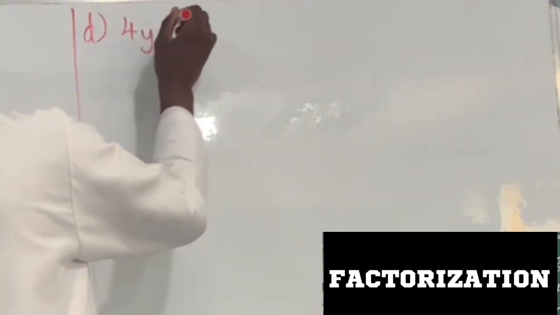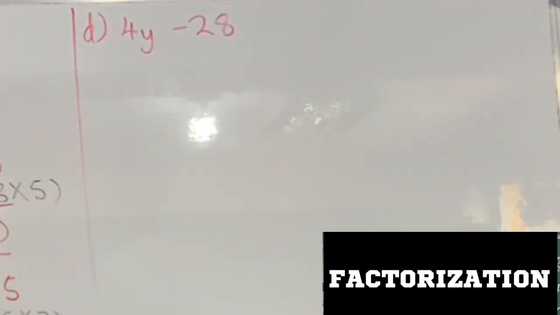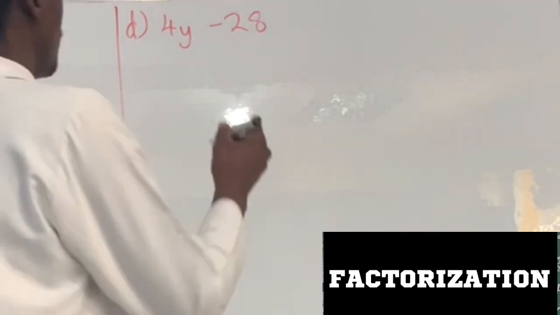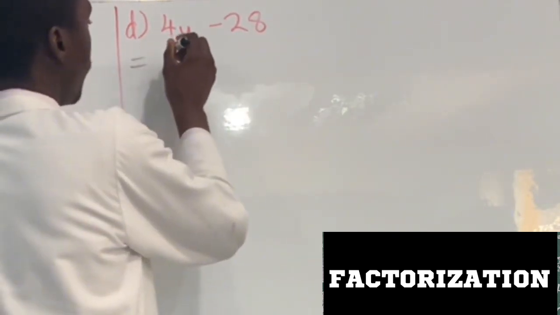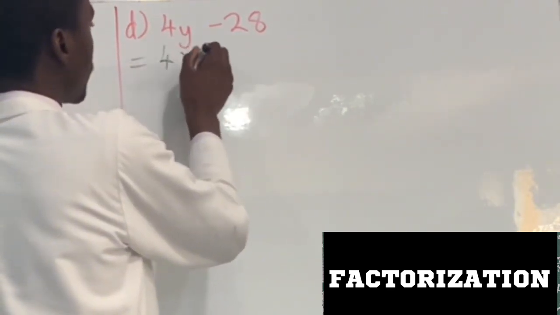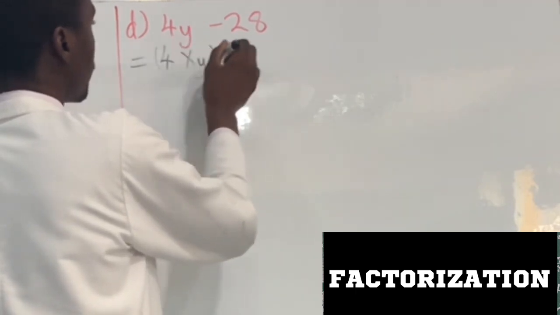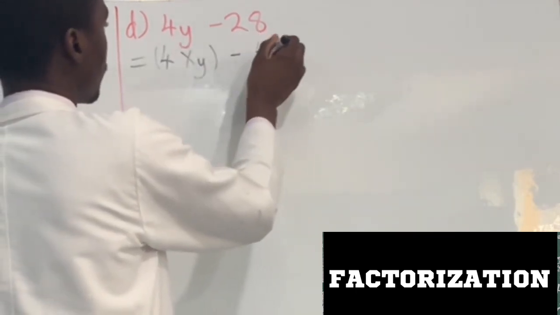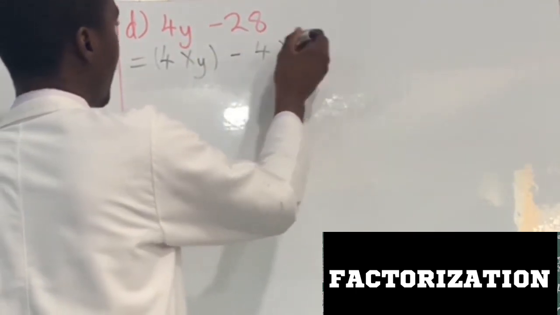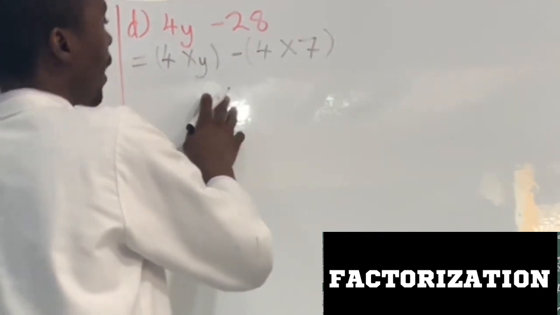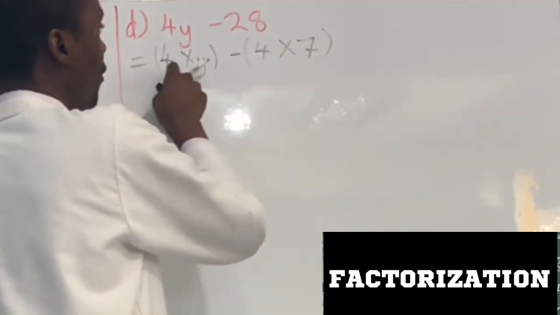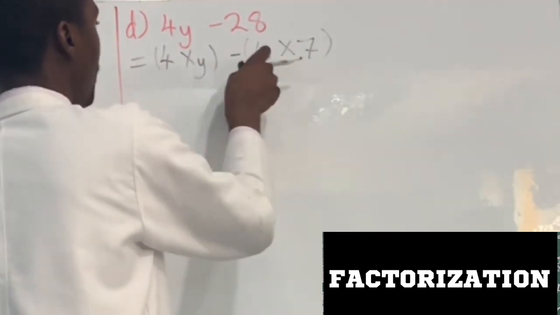Let's look at the next example, 4y minus 28. So in this example now, we are going to factor out 4, so it's going to be 4 multiplied by y minus 4 multiplied by 7. You've seen that we looked for a common factor which can be a factor of both this 28 and this 4y, and it is 4.